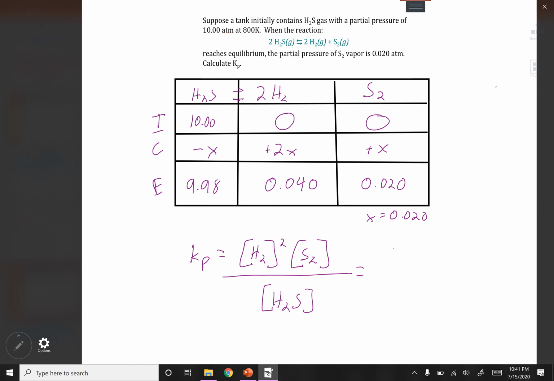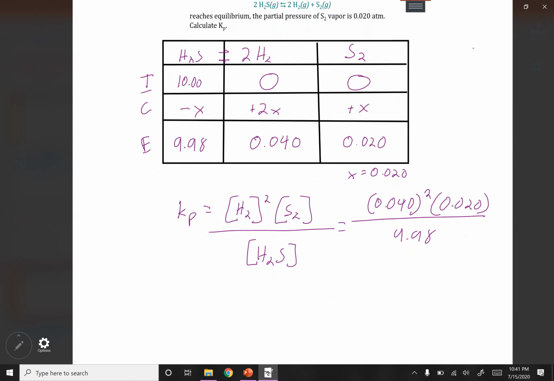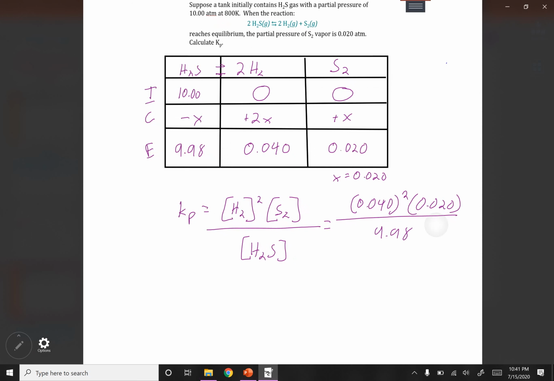Just plugging those numbers in, that means we have 0.040 squared times 0.02 over 9.98. And remember, these are all in atmospheres. So if we do that math real quick, we end up with Kp equal to 3.21 times 10 to the minus 7.